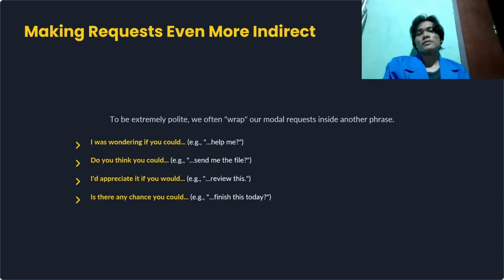Making requests even more indirect. To be extremely polite, we often wrap our modal request inside another phrase. For example: I was wondering if you could help me. Do you think you could send me the file? I'd appreciate it if you would do this, do that.